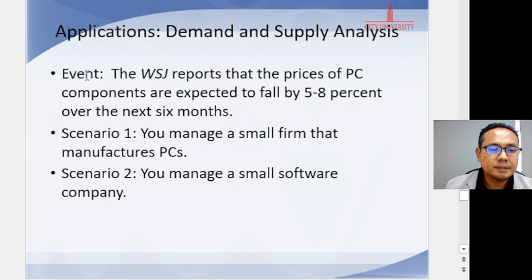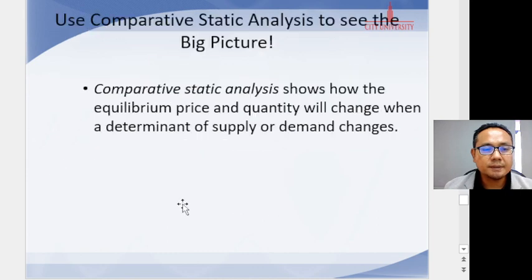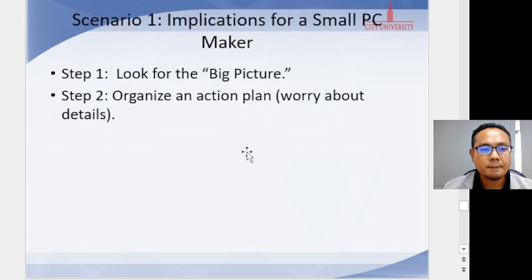For example, the Wall Street Journal reports that the price of PC components is expected to fall by 5 to 8% over the next 6 months. In the first scenario, you manage a small firm that manufactures PCs. In the second scenario, you manage a small software company. Use comparative static analysis to see the big picture. Comparative static analysis shows how the equilibrium price and quantity will change when a determinant of supply or demand changes.